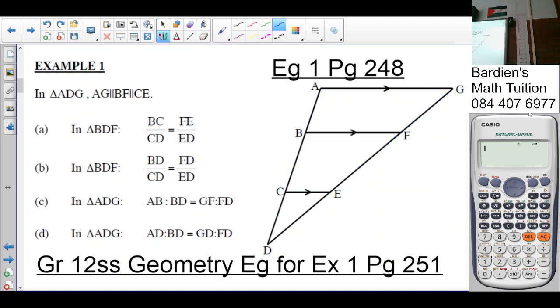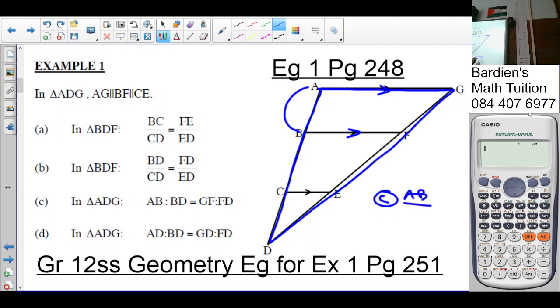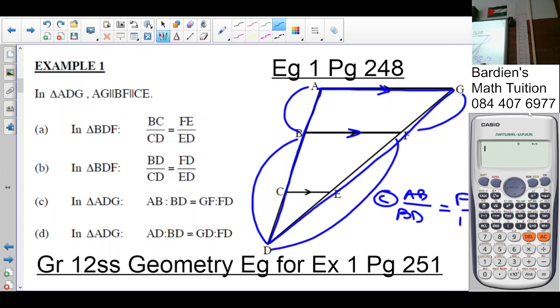So let's do that one again. This is now for C. They said AB. Those lines are parallel and these are triangles, no? So you say AB over BD is equal to FG over FD.